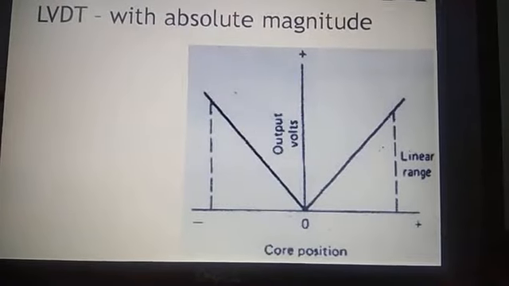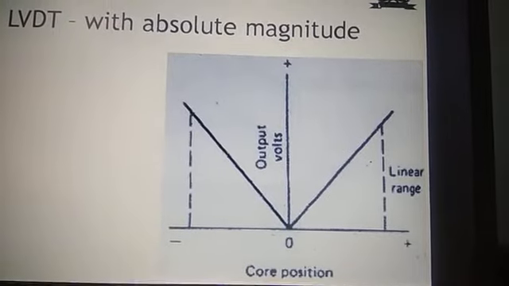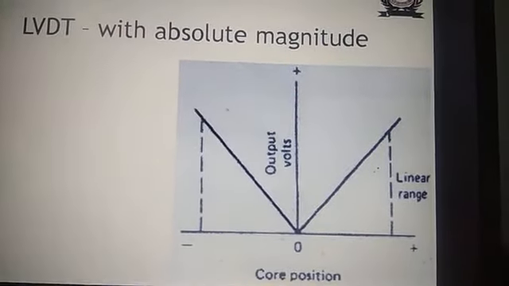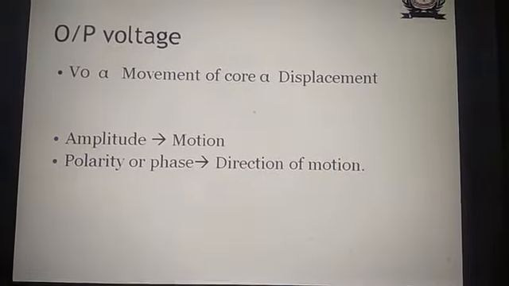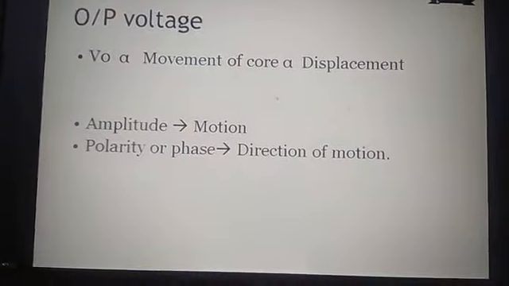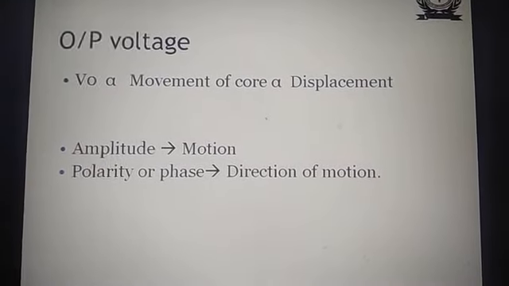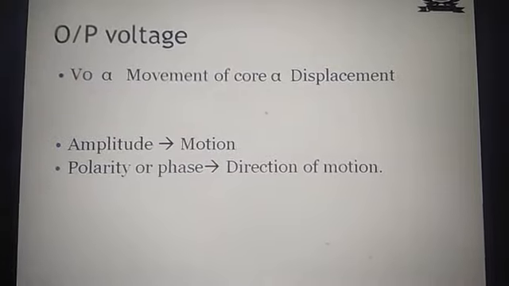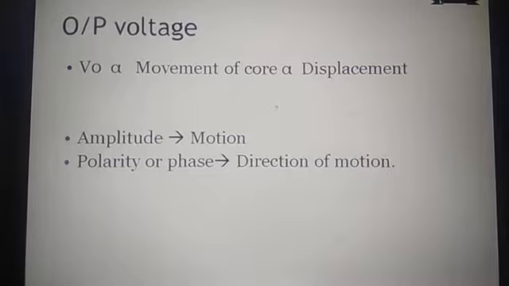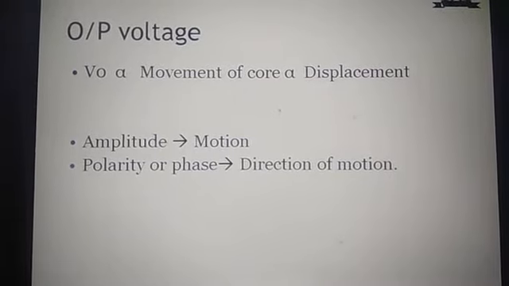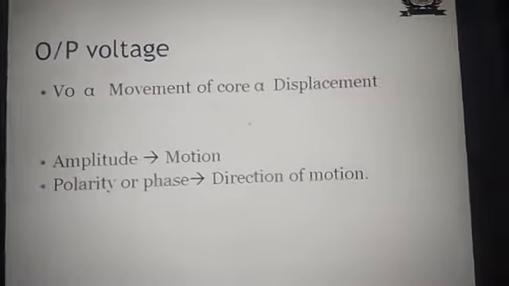With absolute magnitude, you can show this diagram. Linear range of the output, and output in volts with absolute magnitude. Output voltage V0 is proportional to movement of core, and movement of core is proportional to displacement.